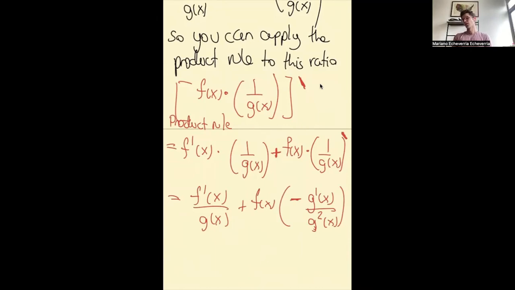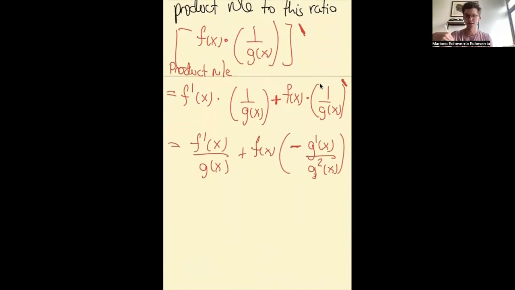Okay. And so you see, the only thing that happens between this and getting the quotient rule the way that I wrote it is that you just combine these two fractions or these two expressions. So to combine them, you can put g squared of x as the common denominator. You get g squared of x here.